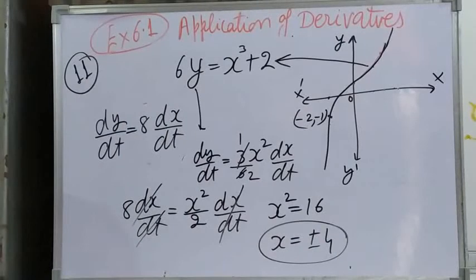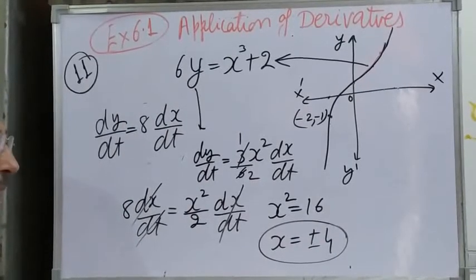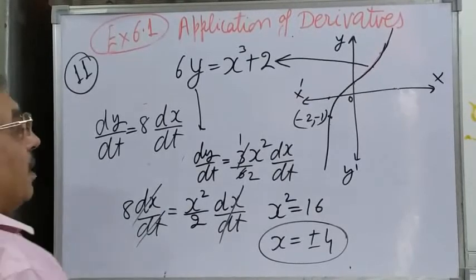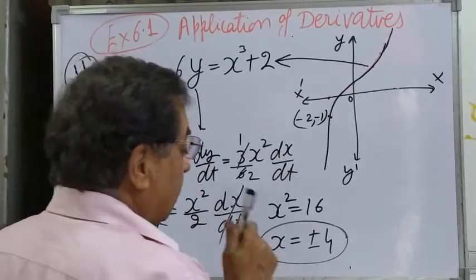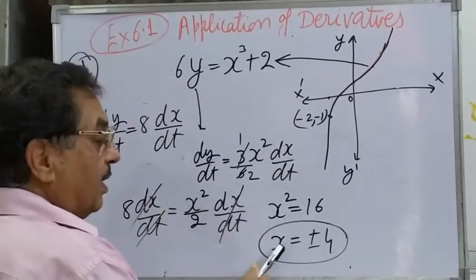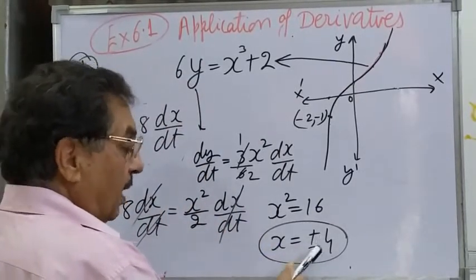So that means the point where the y coordinate is changing 8 times that of the x coordinate is the point where x is equal to plus 4 or minus 4.